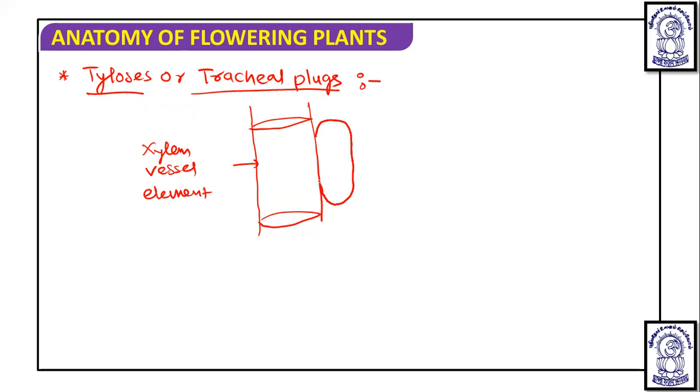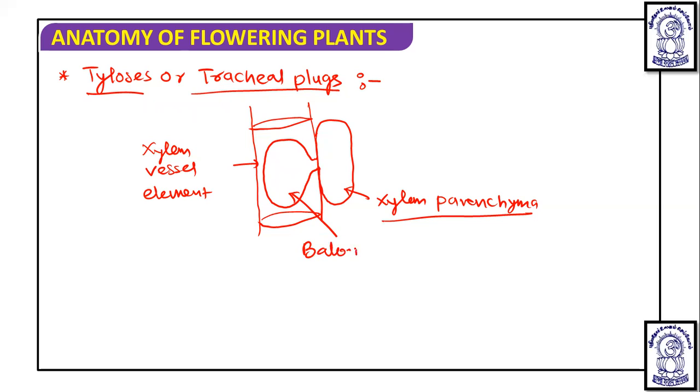And this is xylem parenchyma. Now this xylem parenchyma shows a balloon-shaped ingrowth in the lumen of this xylem vessel element. Then it is known as tracheal plugs or tylosis.